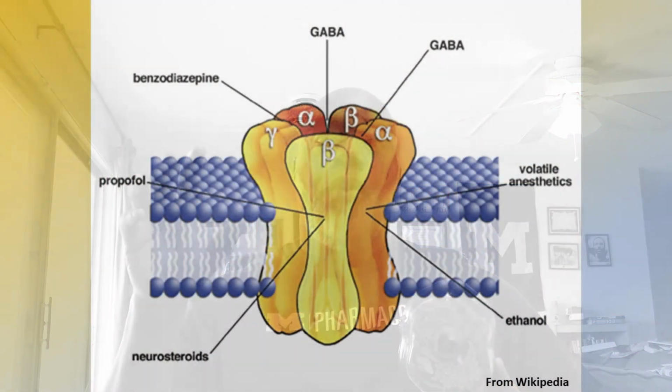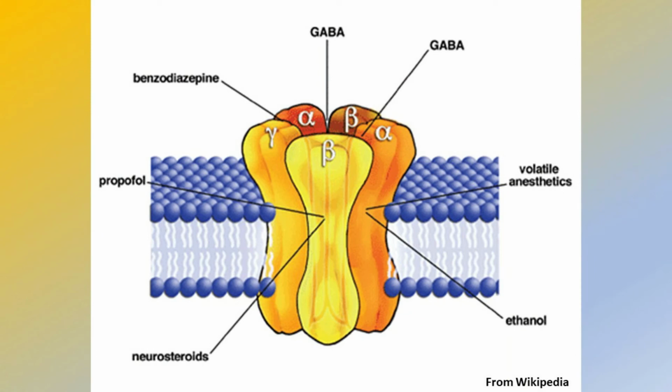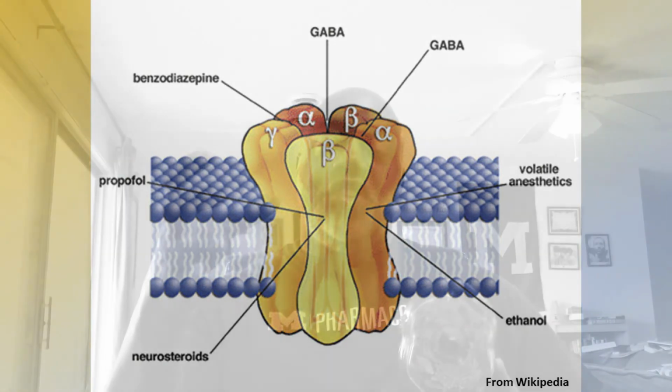If you know the subunits of a receptor and what binds to those subunits, you can create molecules that will bind to those sites in such a way that will force that channel to stay open, or you can create molecules that will bind that receptor and make that channel close.